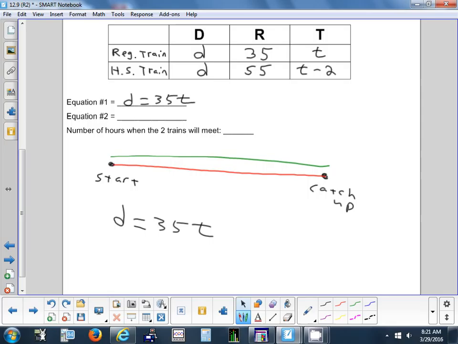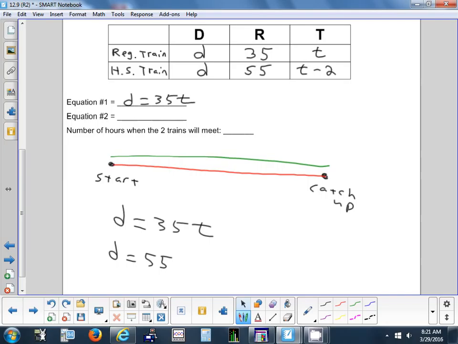Okay, Ben, what's my distance for the high-speed train? D. How about Alexis, what's my speed for the fast train? 55. And how about Alex, what's my time for the high-speed train?